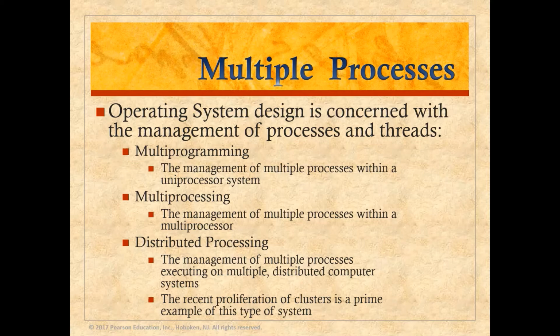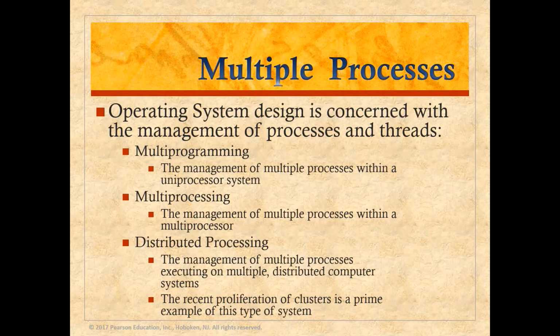Multiprocessing, on the other hand, has multiple processes within multiple processors, so we have overlapping of processing because we have more than one processor. If we have at least two processors, at least two processes will be executed at the same time.